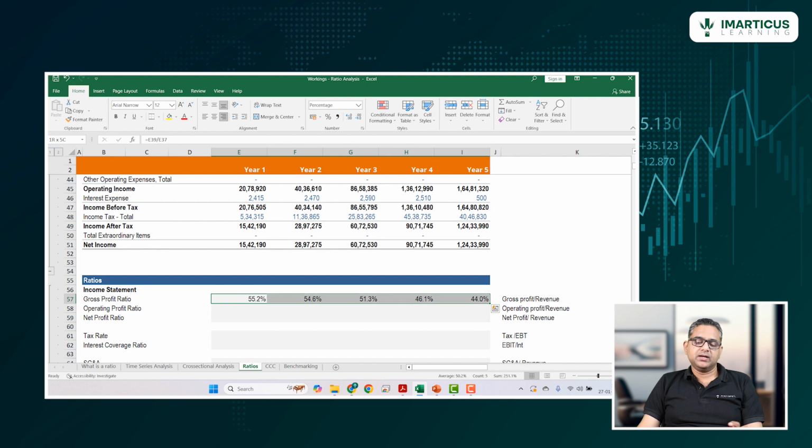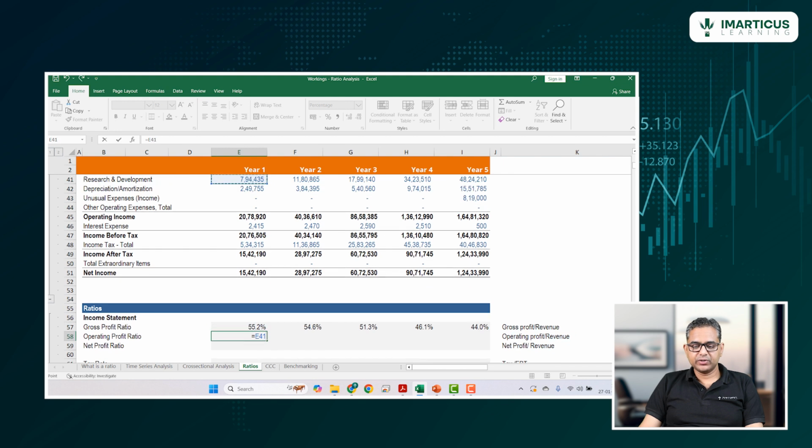That means the company is not very effectively managing its direct costs. The direct costs are going up faster than the revenue going up. So effectively, the gross profit margin is declining, which is not a good sign. The company needs to take care of its direct cost of production in a more efficient manner.